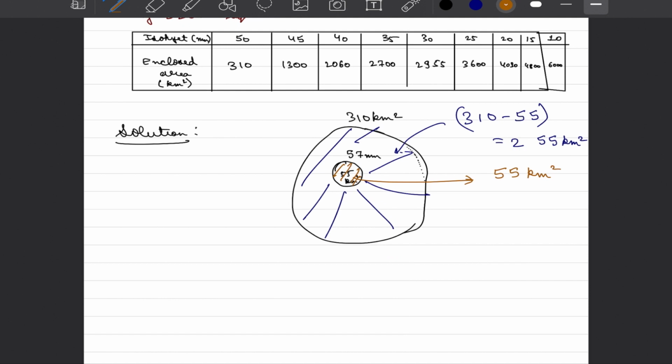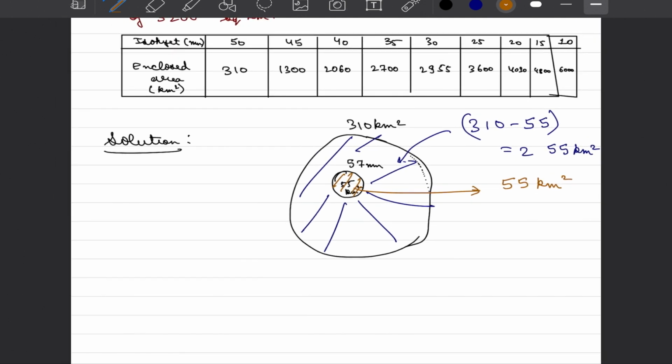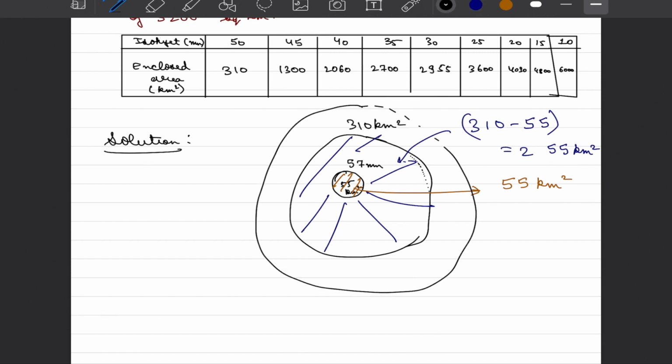I will do this exercise for 3 rings, and you can extend it to other outer rings and keep on doing the calculation as part of your assignment, which I will post shortly. Okay, so let us draw our third isohyet, which would look something like this.